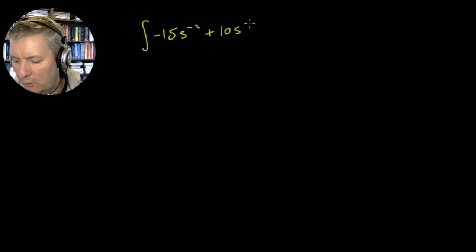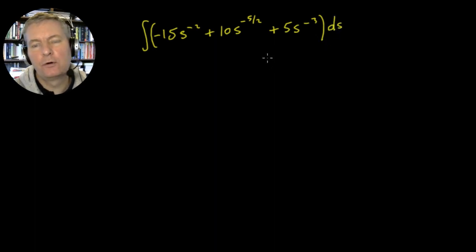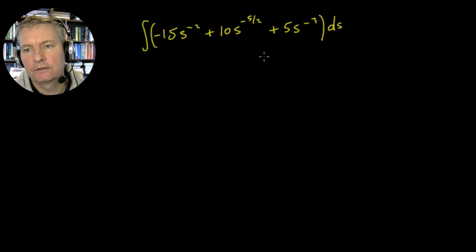We have the integral of minus 15 s to the power of minus 2 plus 10 s to the power of minus 5 upon 2 plus 5 s to the power of minus 3 all by ds. So go ahead and pause the video and see if you can get the answer to this.